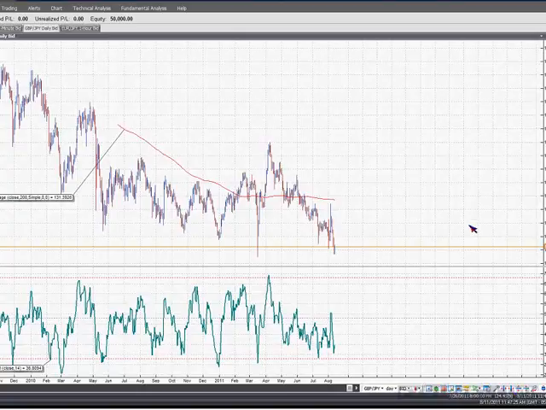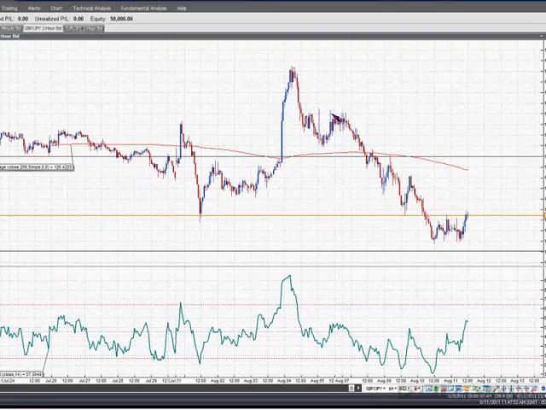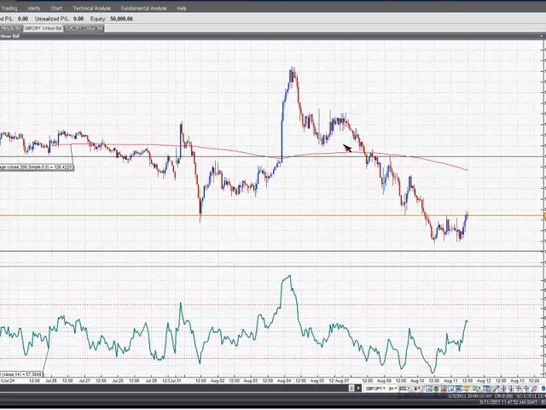1.27 was an important level for me, not in this daily chart, but let me go back to the 1 hour chart. Maybe I could show that here. So when the market was coming down here, I looked at this possibility, right?